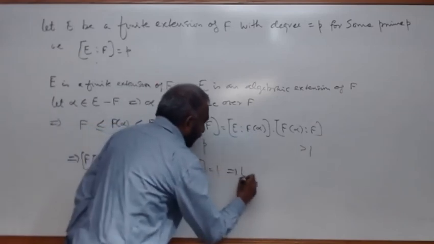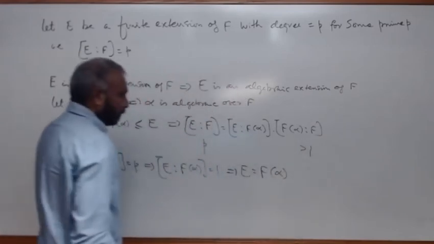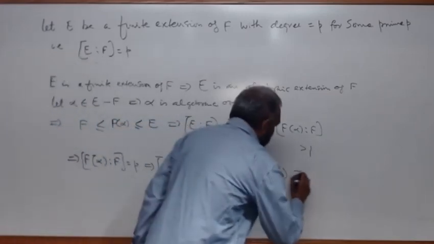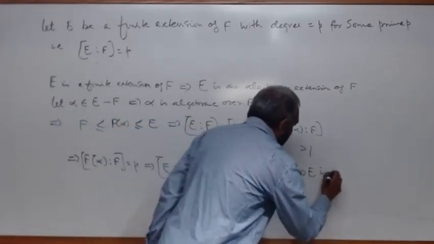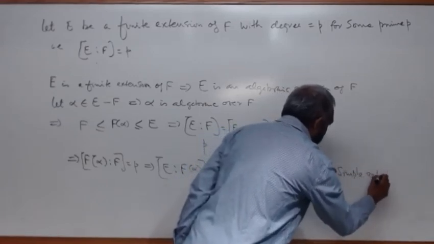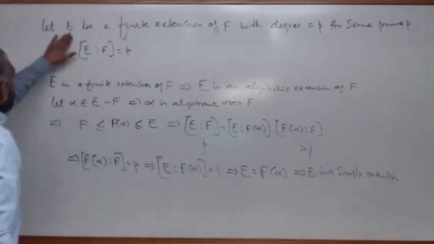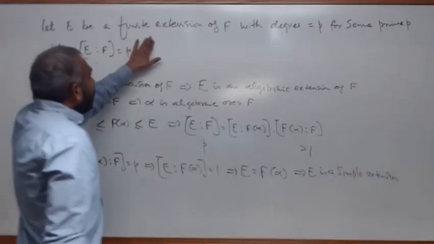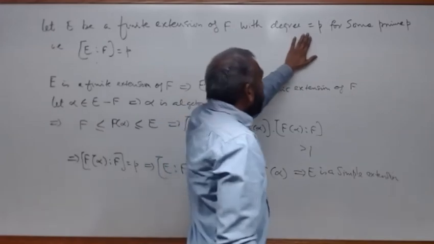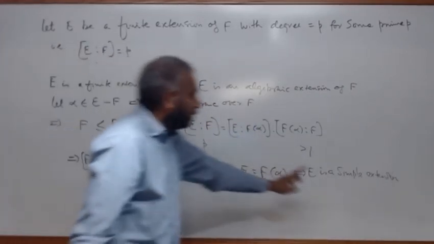This implies E is equal to F(alpha), which implies E is a simple extension. So if E is a finite extension of prime degree, then it has to be a simple extension.